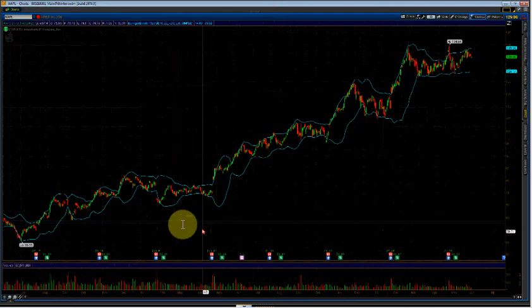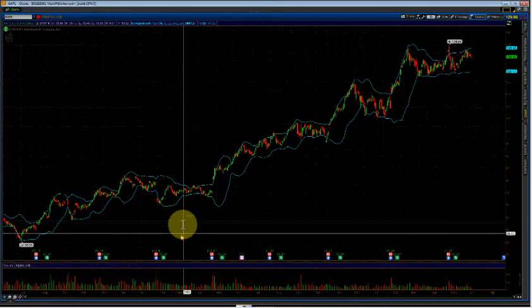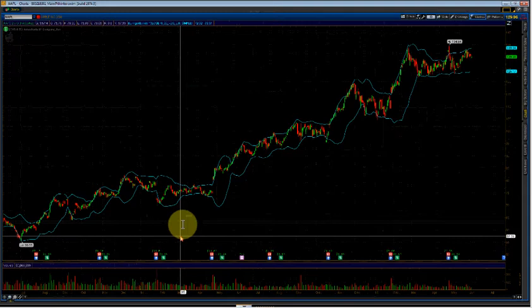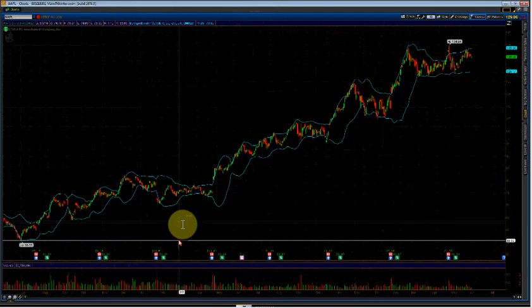What we would actually end up finding is that if we bought calls every time it touched the bottom, what would we be targeting? What would our target be? If the bottom is our support, where's our resistance?